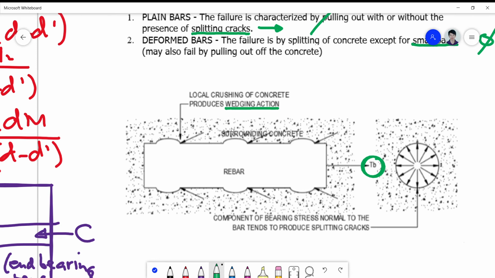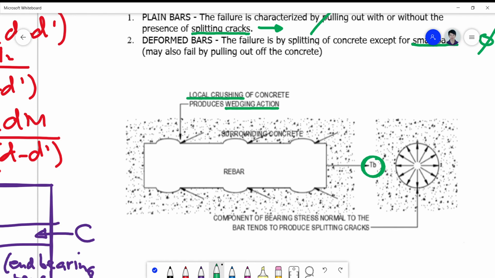And if the force Tb is very big, the only way that this can move is when the concrete locally crushes. Pag nadurog na yung konkreto dyan, dun na siya gagalaw. Or else, it will not move, if this has a very strong compressive strength.